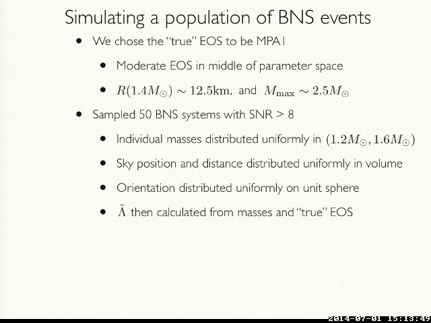So that would give better results, but I'll show here that by using the equation of state parameters instead of parameterizing the tidal parameter, you actually do quite a lot better even with a more realistic range of masses. And then we sampled uniformly in volume, uniformly in orientation, and then you calculate the tidal parameter given your true equation of state. And that's how you generate the population of events.